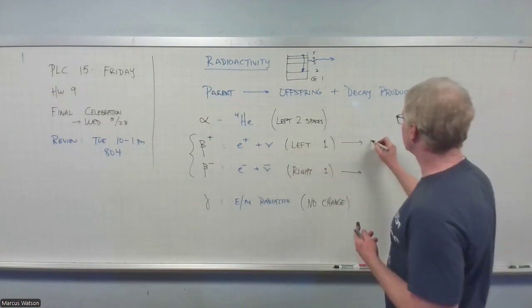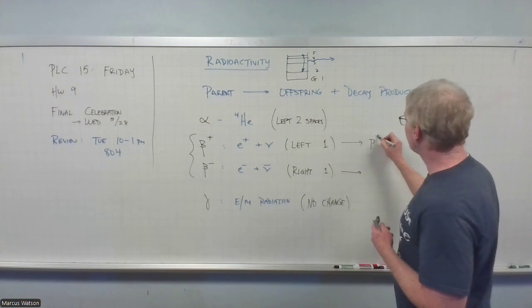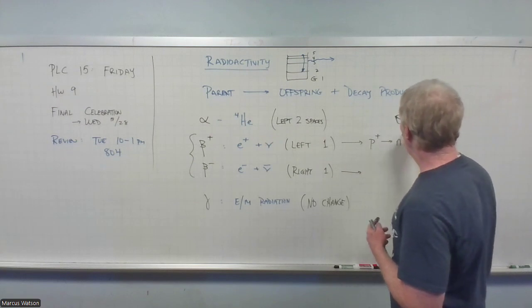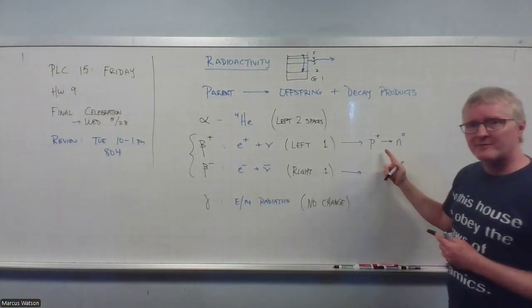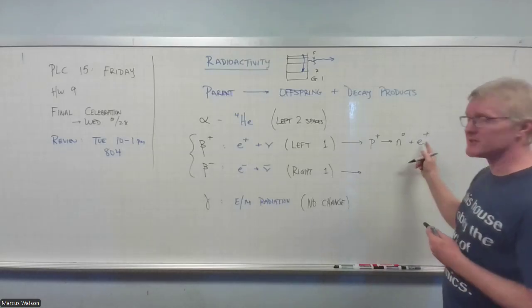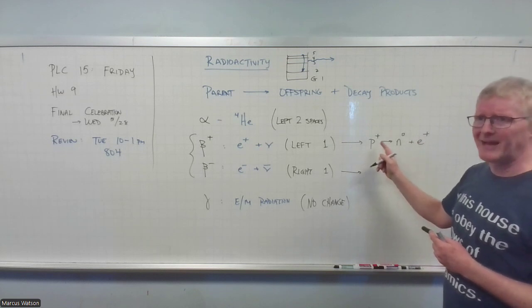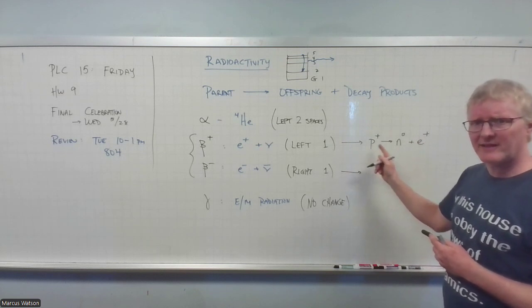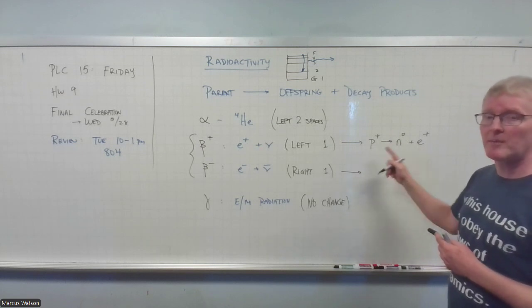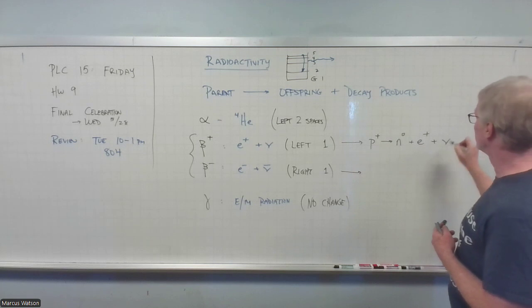So in this case, this is the beta positive decay, which conserves charge. This is a proton which is decaying into a neutron, but I have to have charge conservation, and that means I have to have something in here that's positive charge on the right side in order to balance the positive charge that I had on the left side. So that charge has to show up somewhere. It cannot go away.